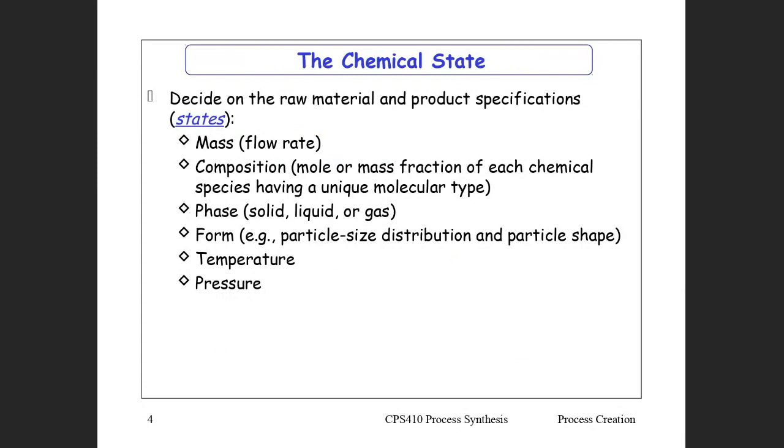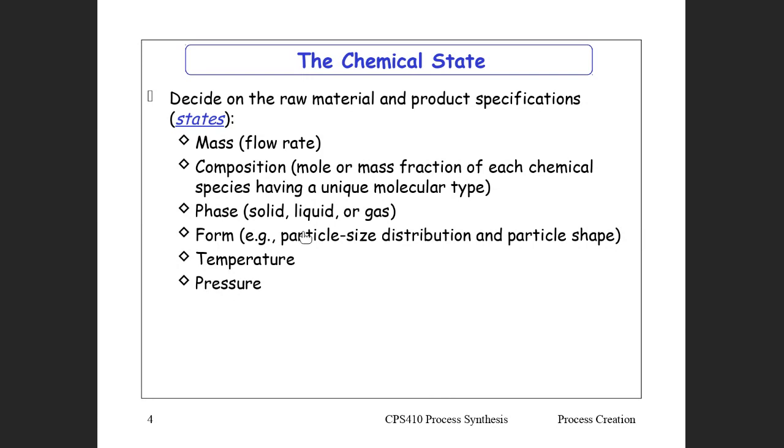Right, the chemical state, I said we'll talk about this a little bit later. Decide on the raw material and the product specification. So you want to know what is the flow rate of that raw material, its composition. So each of the chemical species that you've got in that stream, the phase, the form, and that is particle size distribution usually. And particle shape is also important. So all of these things become important when you process a stream that's going in.